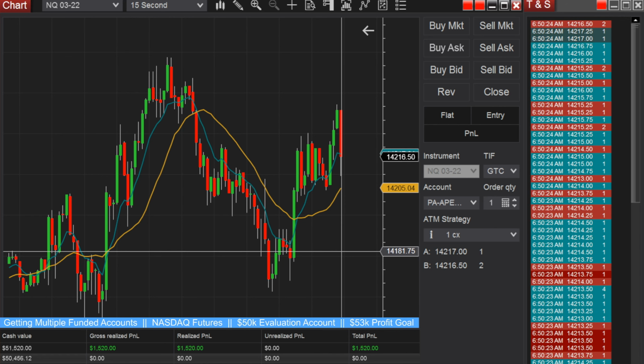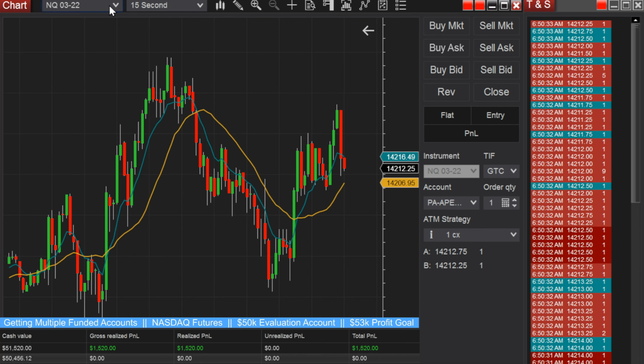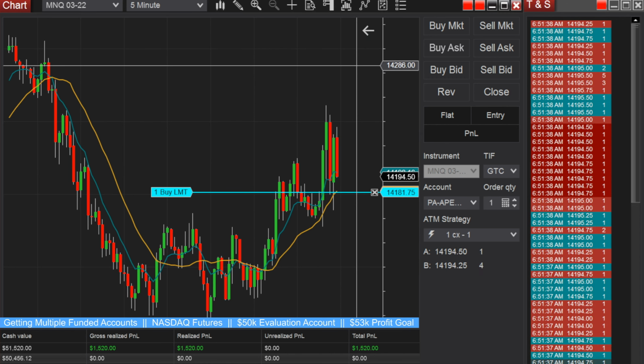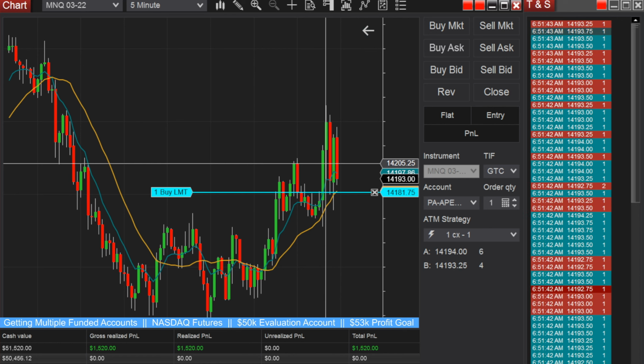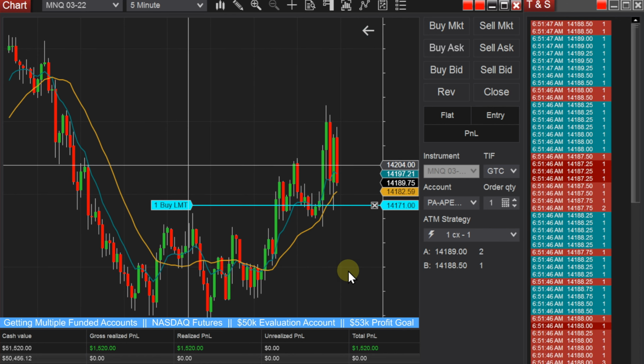So I'm just going to look for another trade on my cash account and switch over to the micros and the time frame. So here I'm seeing some divergence between price and volume and my indicators on the 5-minute.